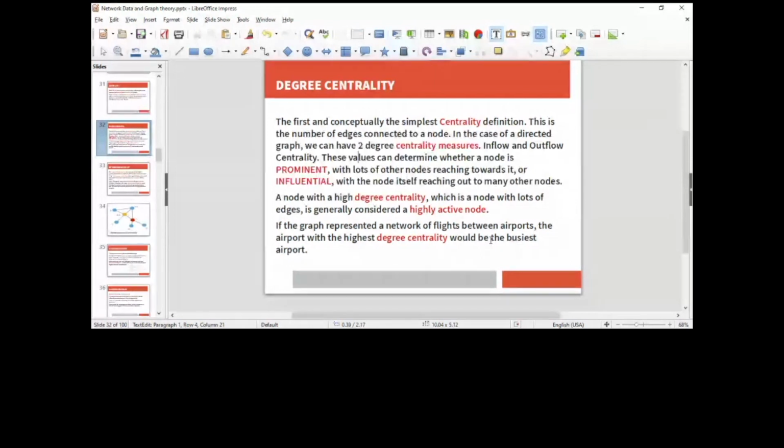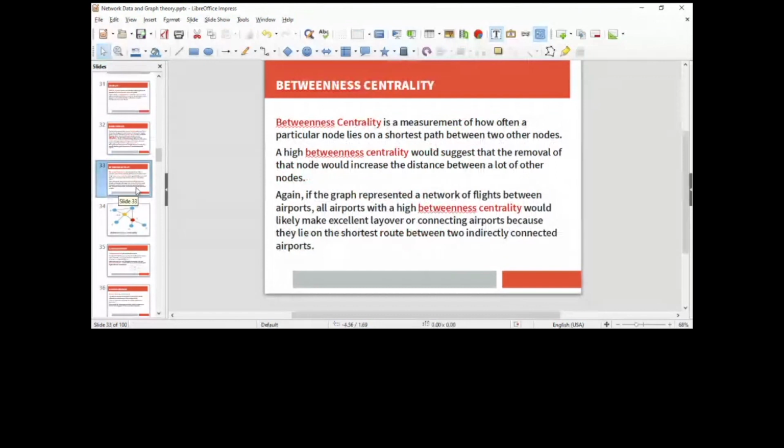London could be said to have the highest degree of centrality because everybody comes to London, everybody passes London. So a country will want their airport to have a high degree of centrality. This is how the economy is boosted, because a lot of people are coming in.